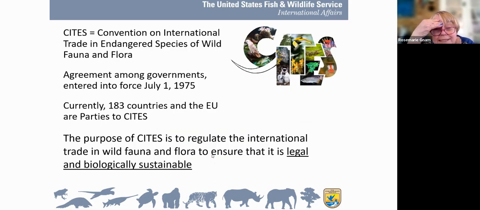So what is CITES? As Deb said, it's known as the Convention on the International Trade in Endangered Species of Wild Fauna and Flora. That said, it also regulates the trade in captive bred and artificially propagated plants. So captive bred animals and artificially propagated plants are also covered under CITES.